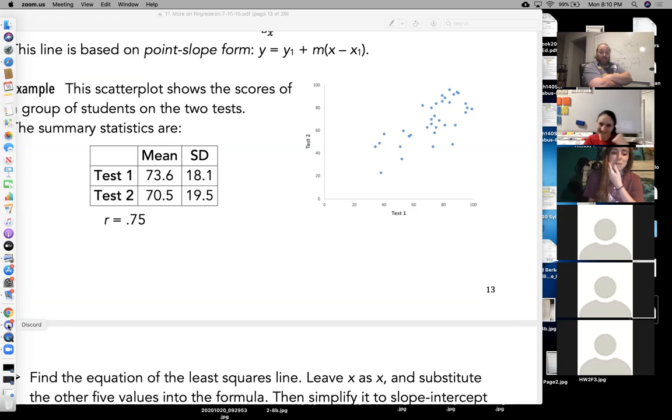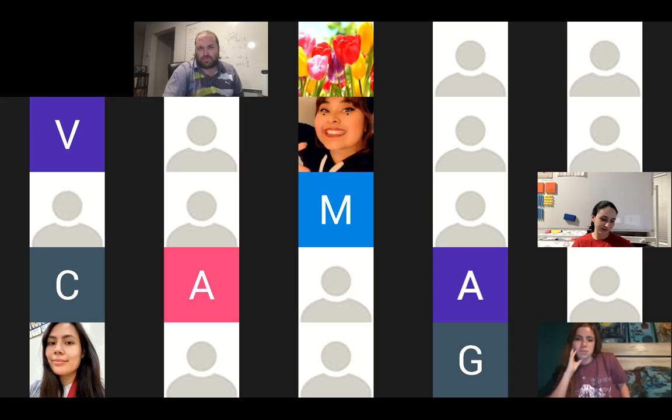Say that again, please. 56.25% of the variability in test scores can be attributed to test 1 scores. Okay, so 56.25% of the variability in the data can be attributed directly to the test 1 scores, which is the X.